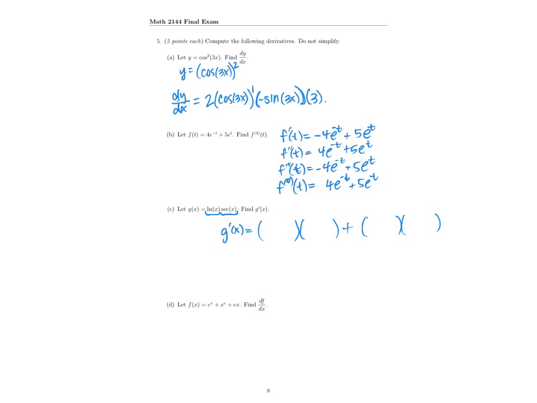Okay, so I want to do here the derivative of natural log x is going to be 1 over x. And then on this one, I'm just going to write the natural log x just like it is. For this other one, I'm going to do the secant x just like it is here.